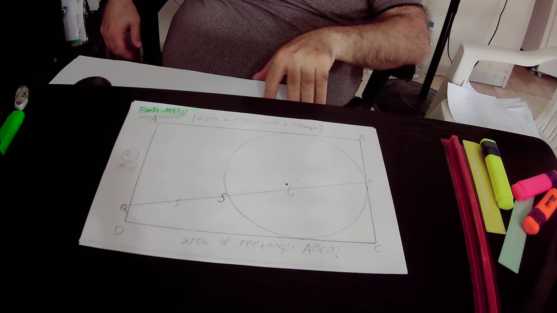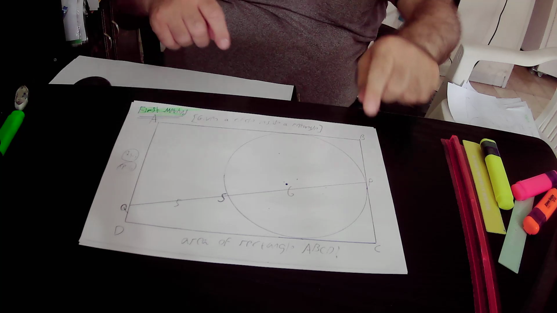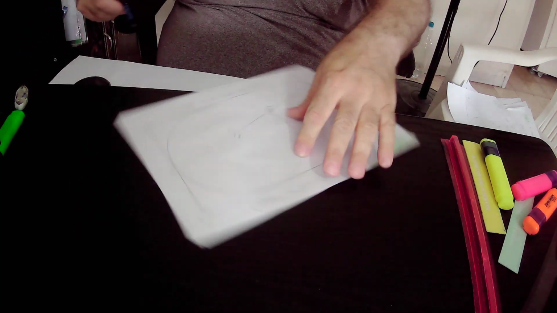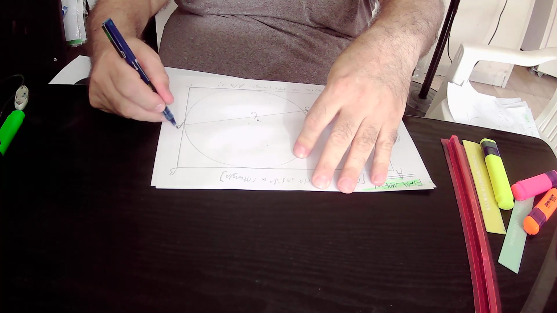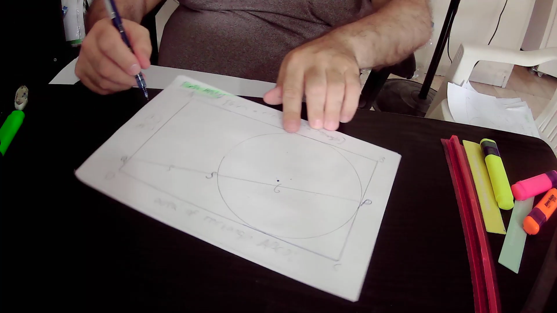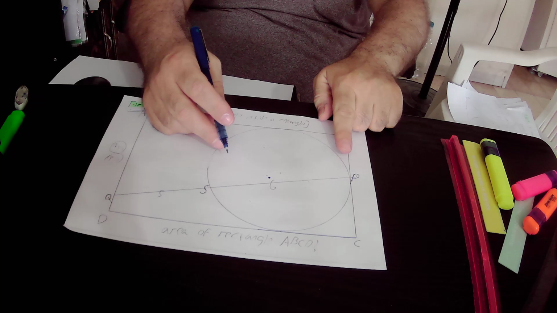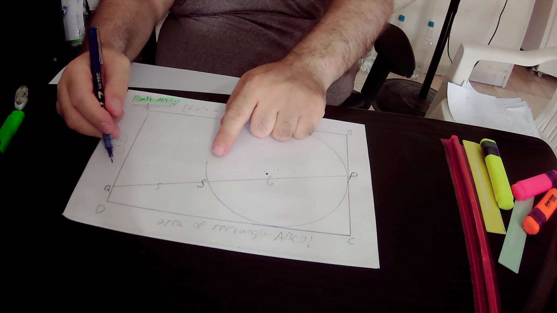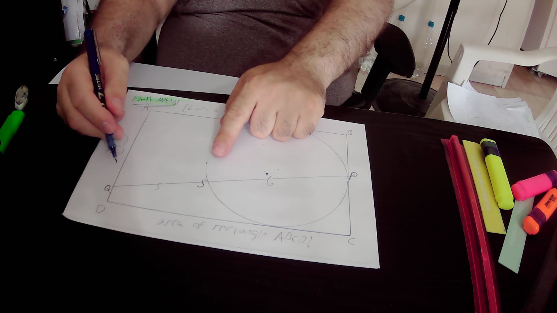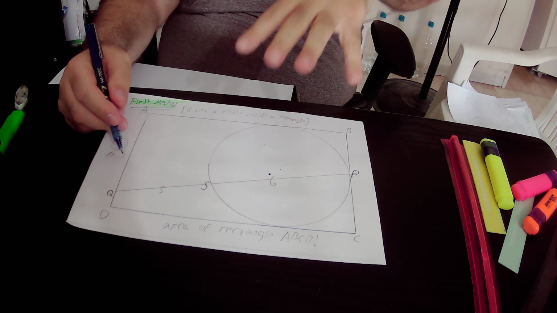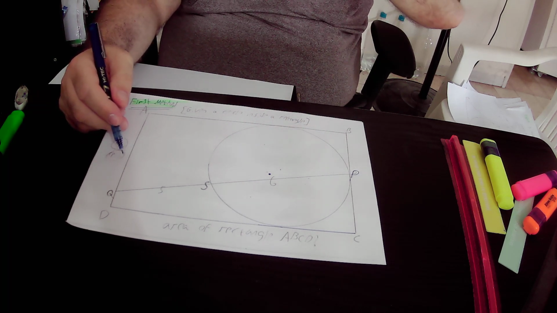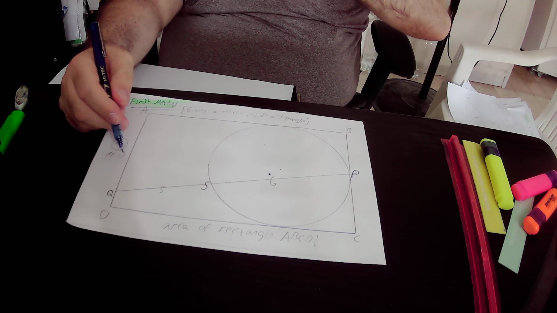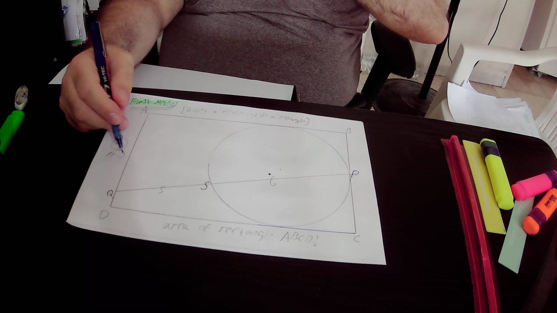We also know that chord SP is equal to 6 units in length. Line segment SQ is equal to 5 units, and our mission is to find the area of this rectangle ABCD. We start with the first method.